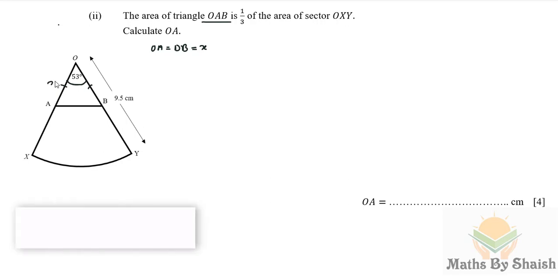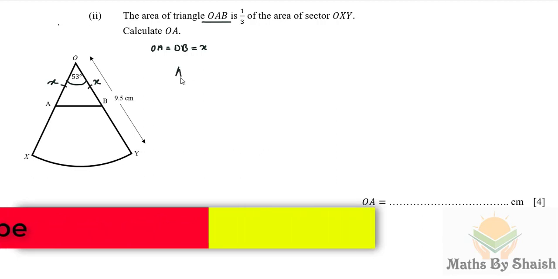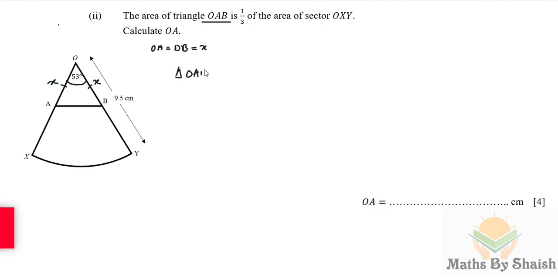This length is also x. So the area of the triangle OAB, by the area formula, is half of the two consecutive sides, x into x, into the sine of the angle between them, and the angle is 53 degree. So this becomes half x square sine 53.